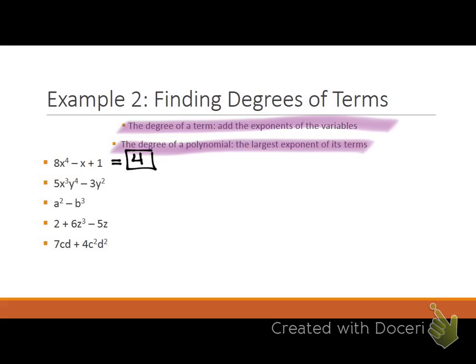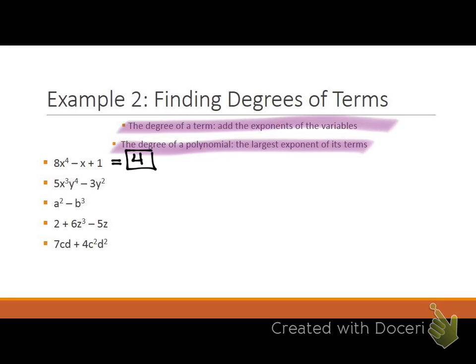But now look at the second one. How many terms do I have in the second one? 2. However, with the 5x to the third, y to the fourth, since I have 2 variables with exponents, I actually will add those together to find the degree. So even though it's an x and a y, I still add 3 plus 4, which is what? 7.